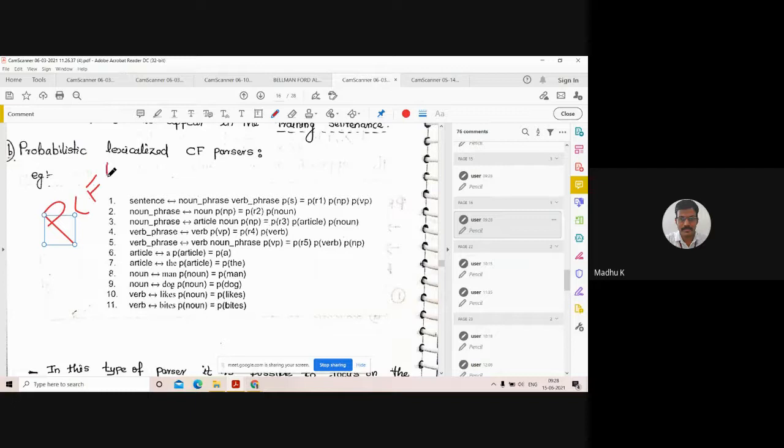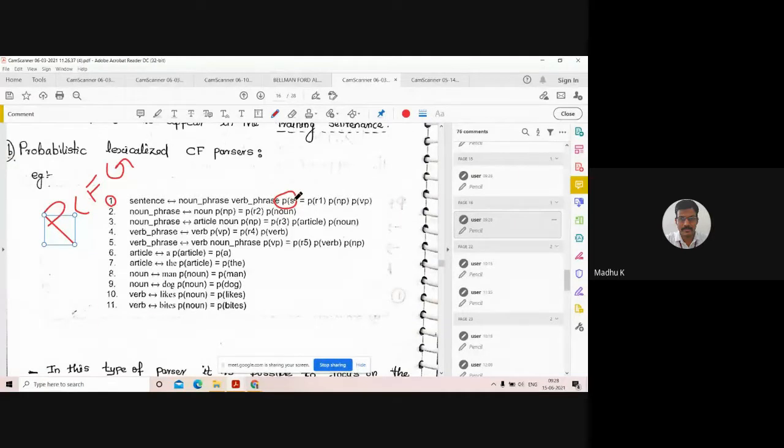There is a set of CFG, context-free grammar. We will attach a probability term to each grammar rule. If you consider this case 1, you can note here sentence derives noun phrase, verb phrase.